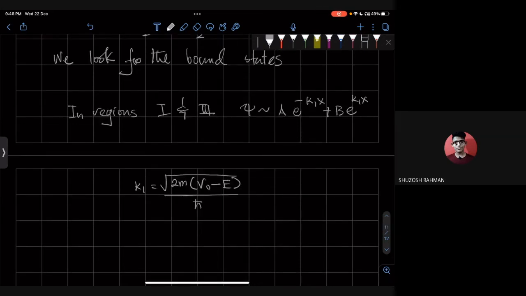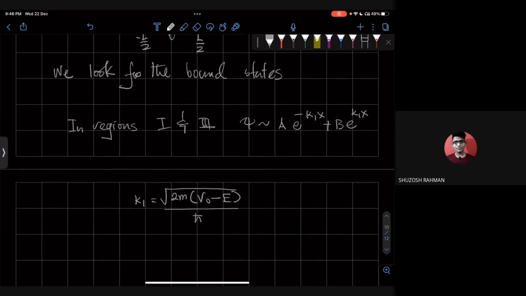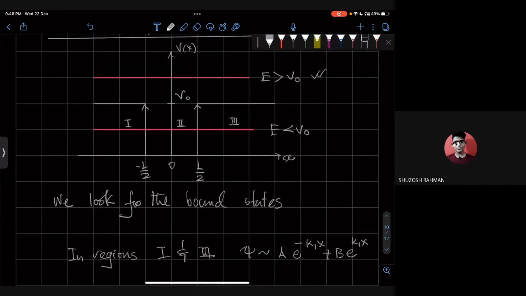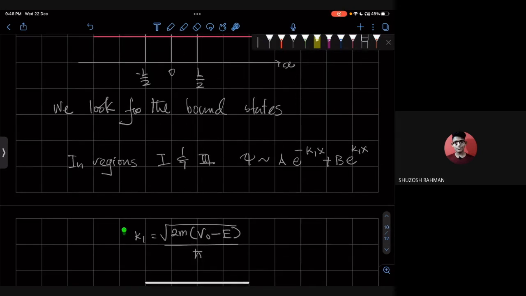Now, one thing we can do is, say in region 3, if we allow B to be non-zero, then we will be in trouble. Because if I take x to be very, very large, here K1 is positive, then this thing is going to blow up.